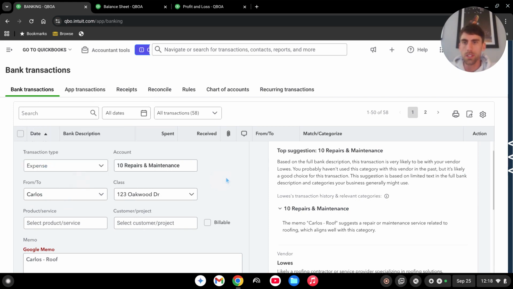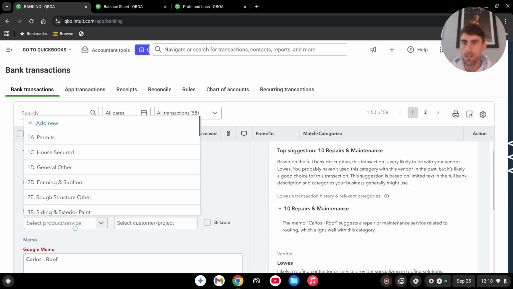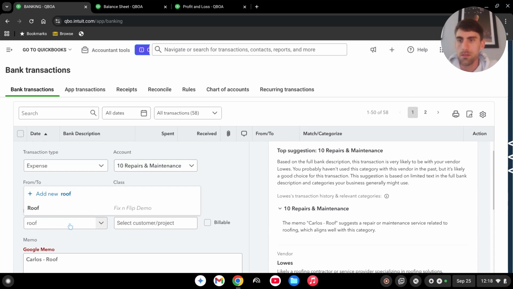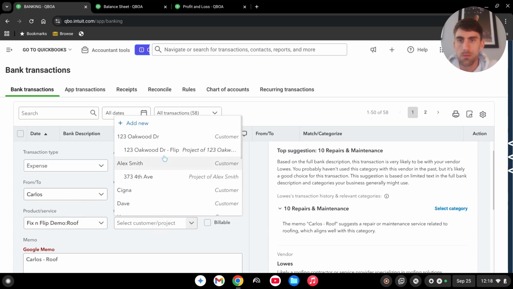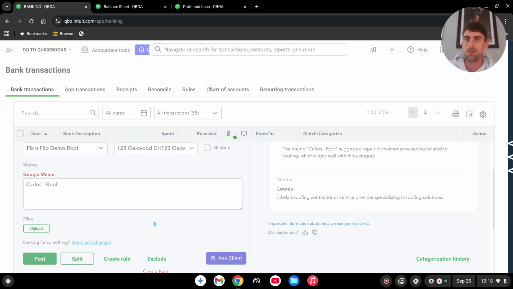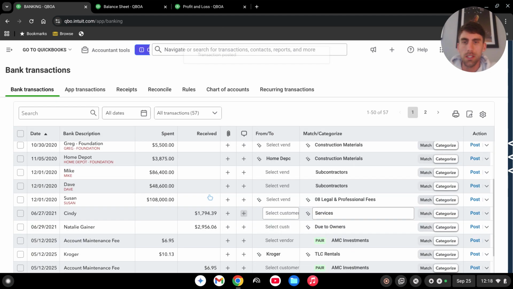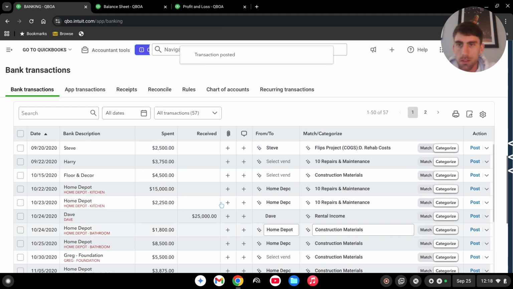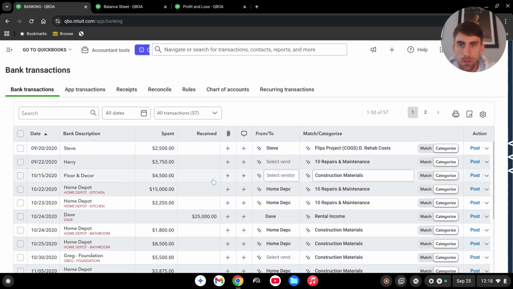Alright, we already set up the vendor for him. So go under roof, put it to our project. And let's just do a few more so that we can get an idea of what this shapes up to be.